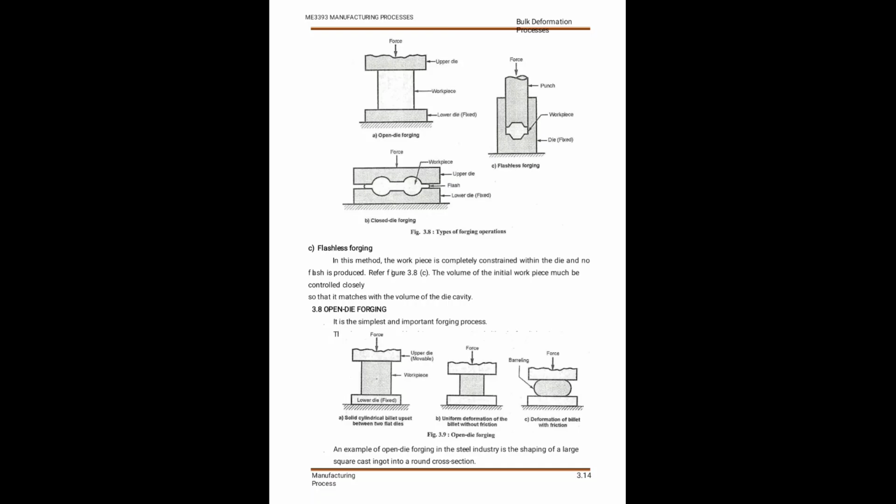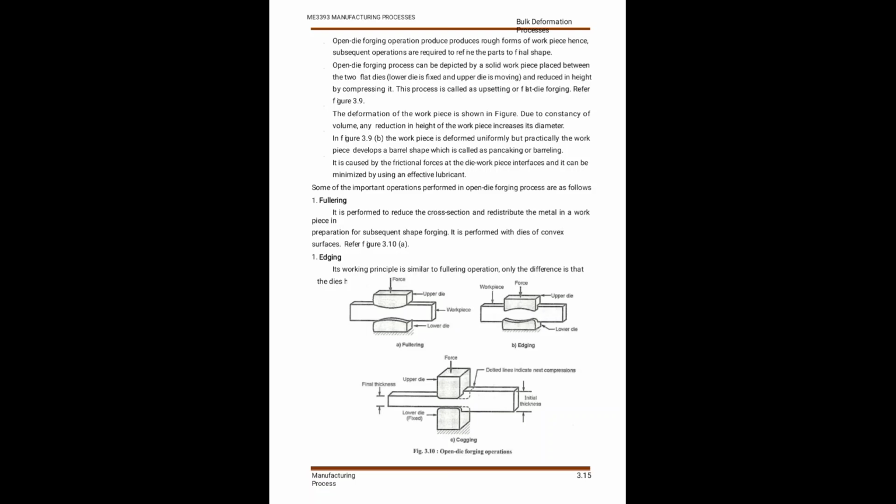In the open die forging process, there are different types: fullering, edging, and cogging. Fullering means reducing the cross section and distributing the metal in a workpiece in preparation for subsequent shaping.